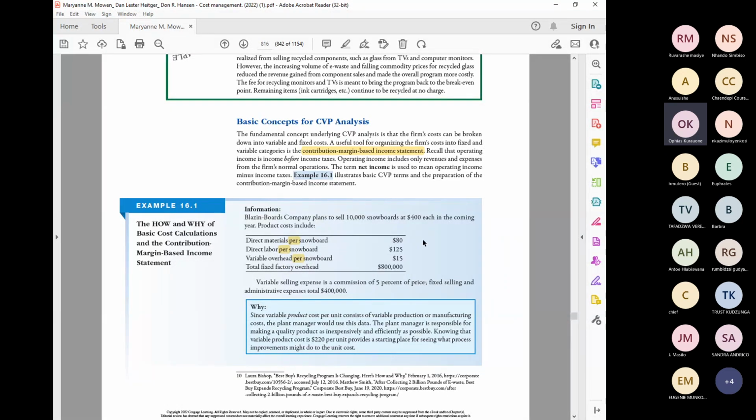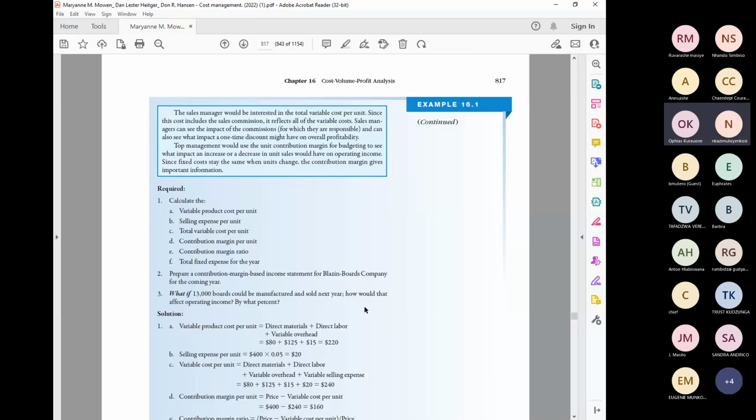This is for one product. Then the total fixed cost for the year is not for one product, but for 10,000 snowboards. But the person went on to say plus 800,000. That is a common mistake. Then variable cost, you can read again.